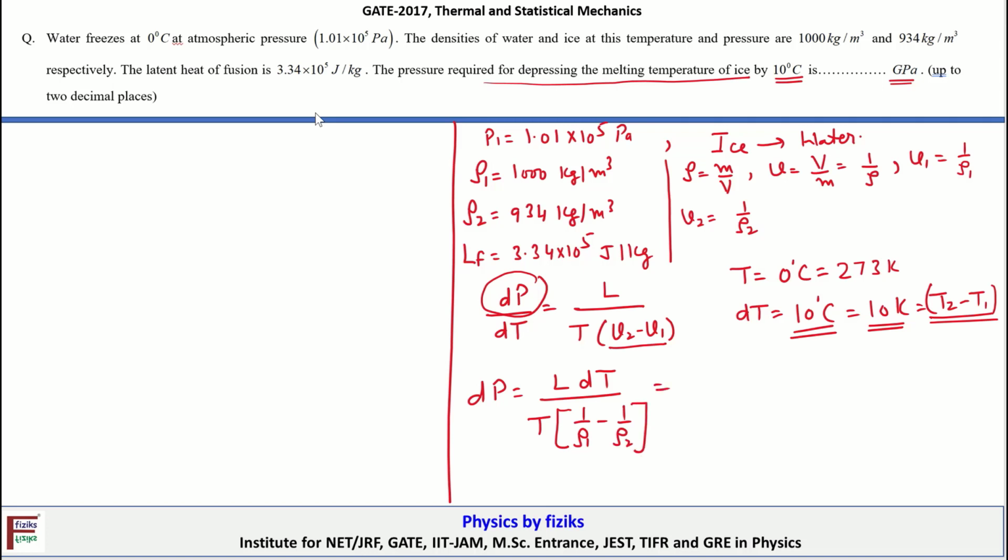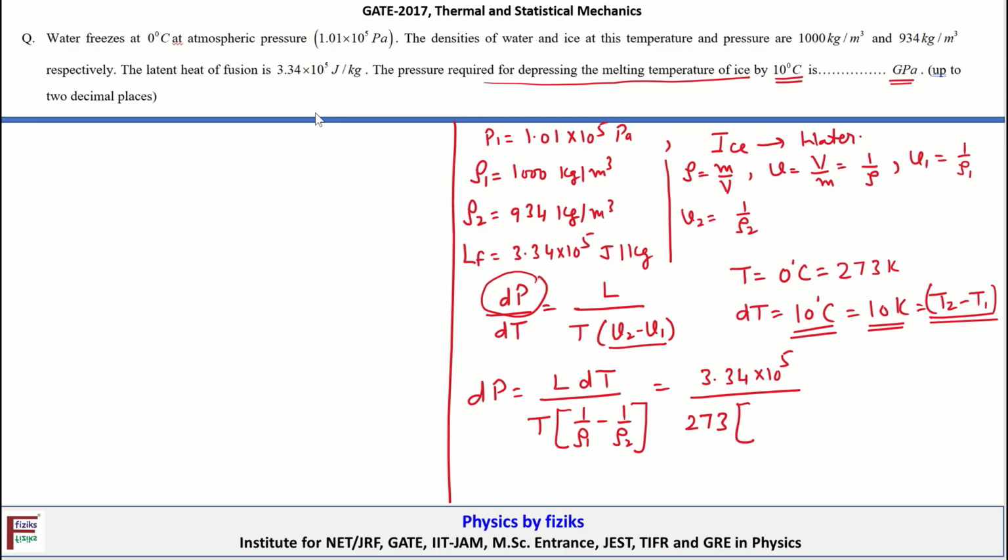And that is equal to L, that is 3.34 into 10 power 5, and then temperature, that is 273 Kelvin, and then V2 minus V1.